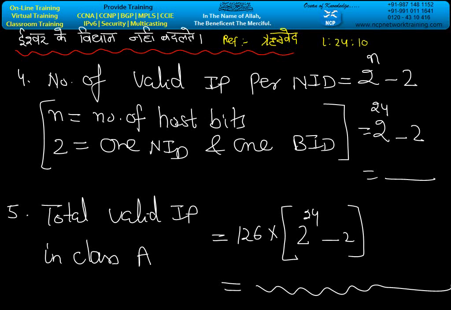If we multiply, we will calculate the total valid IP addresses in class A. Any question?